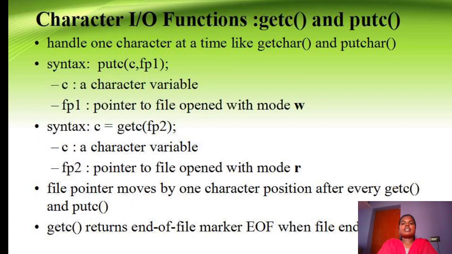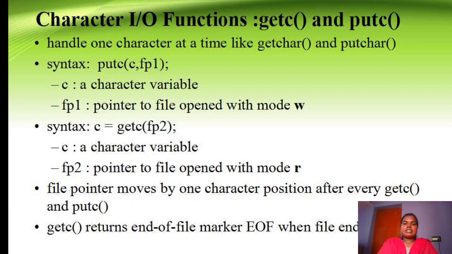So let's see one by one. First, character IO functions. In that we will be learning getc and putc. These two are used for handling a character at a time, like getchar and putchar in the C language. The syntax for putc is putc(c, fp1). Here c is the character variable, fp1 is the pointer to a file opened with mode w.